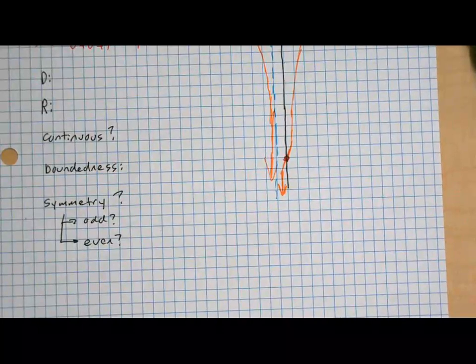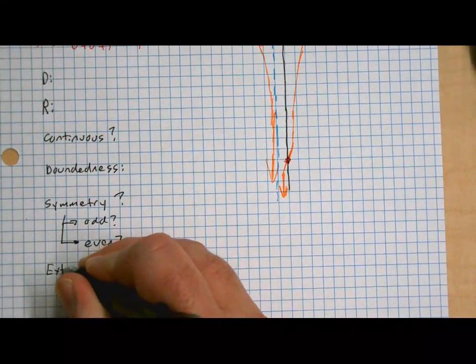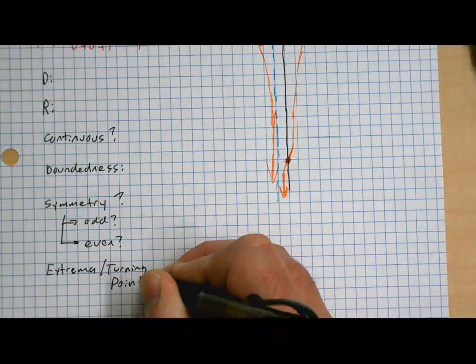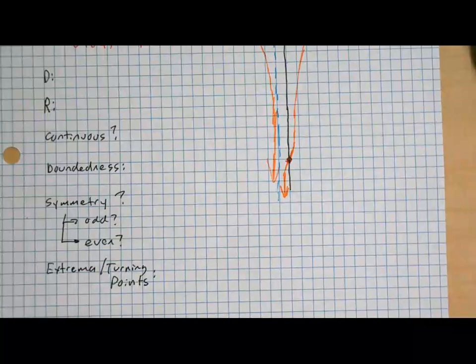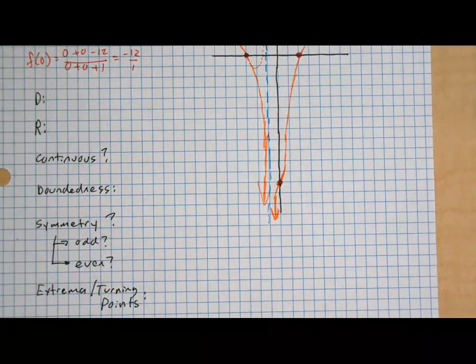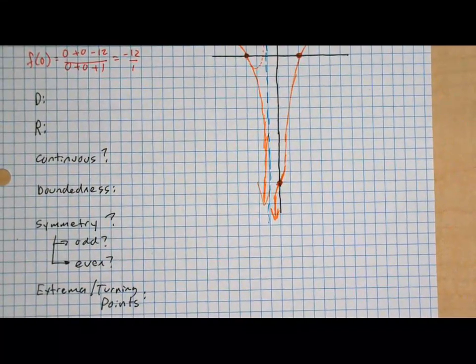I put a little cheat sheet for you on Canvas. Local extrema, AKA turning points. So none of this is anything new to us. Go ahead and finish those off. I'll put my answers up here.